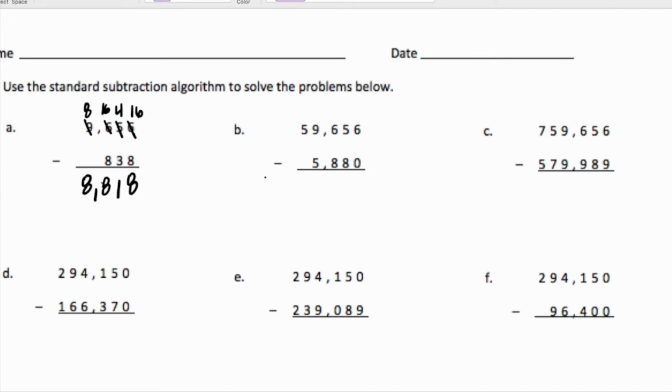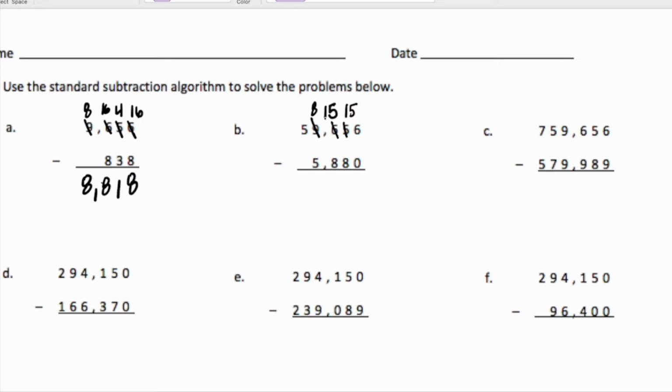For B, 59,656 minus 5,880. I can do 6 minus 0. I cannot do 5 minus 8. So I'm going to take from the 6. It becomes 5. Add to the 5. It becomes 15. Now I can do 15 minus 8. I can't do 5 minus 8. So I'm going to take from the 9. It becomes 8.